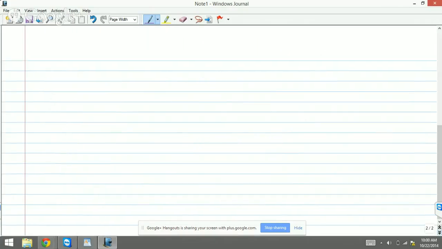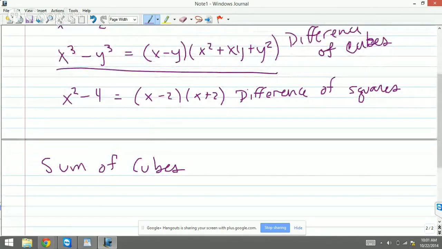Good question. So we have a sum now, right? We have x cubed plus y cubed. There's a different formula for that one. All of the terms are the same. You just change those 2 signs. That's it.